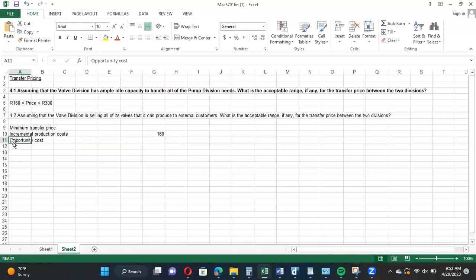Right? And then here, the only calculation that we will do, let's put that on calculation one, is for opportunity cost. Right? So how do we calculate that now? First of all, we need to find the contribution. So what this opportunity cost basically gives you is the lost contribution per unit.